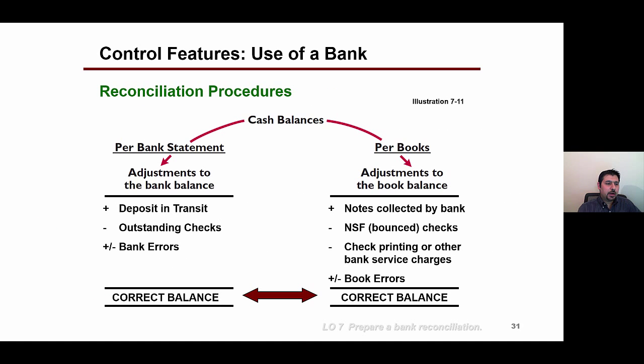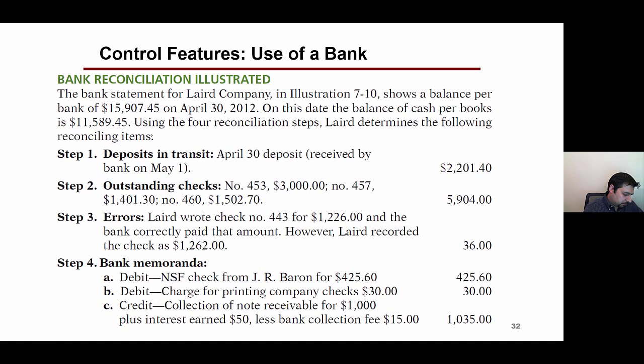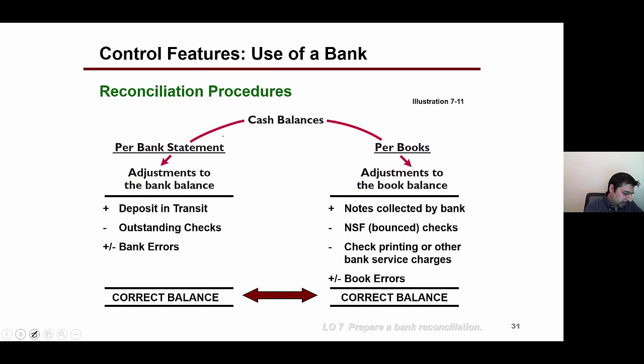When we do this reconciliation, the procedure is to do them in parallel. So we have the balance according to the bank statement, and we have the balance according to the company's books. For the cash balance according to the bank statement, we need to make the following adjustments so that it reflects the correct balance.